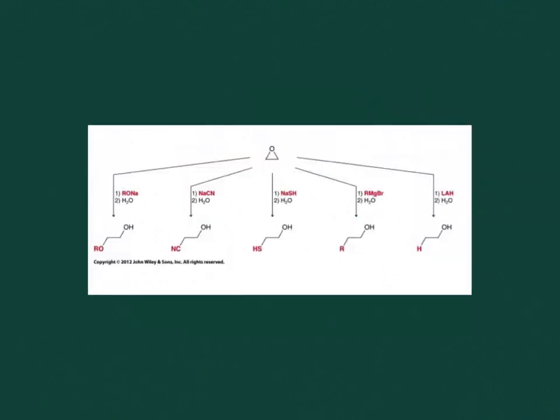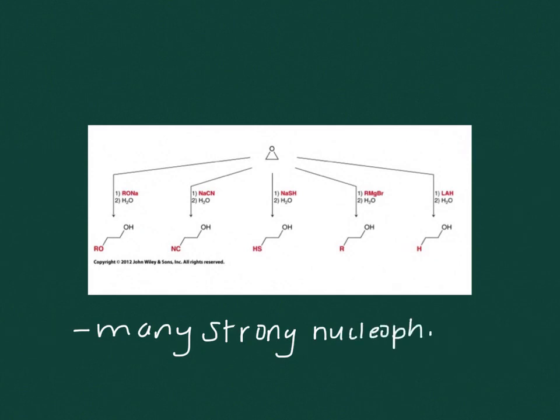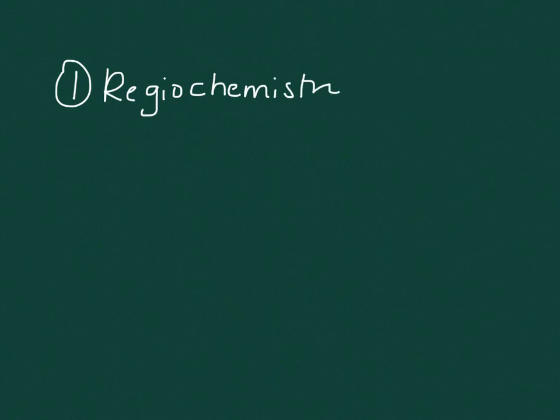As a result, many strong nucleophiles can be used to open epoxides. In looking at these substitution reactions, we need to look at the regiochemistry and the stereochemistry. So first let's look at the regiochemistry.